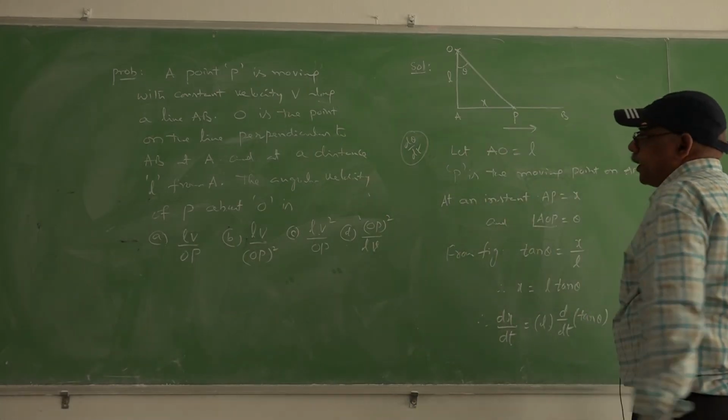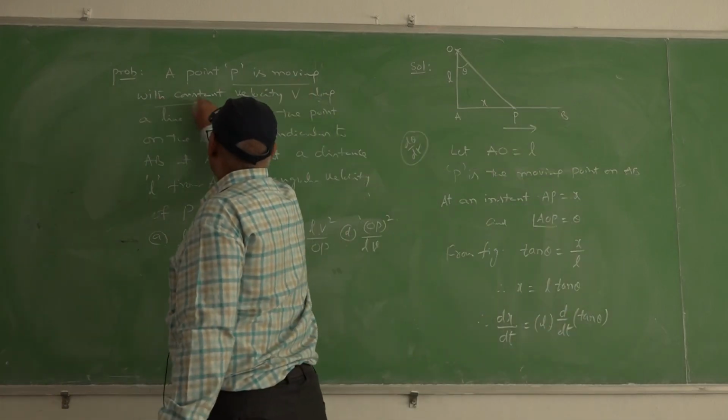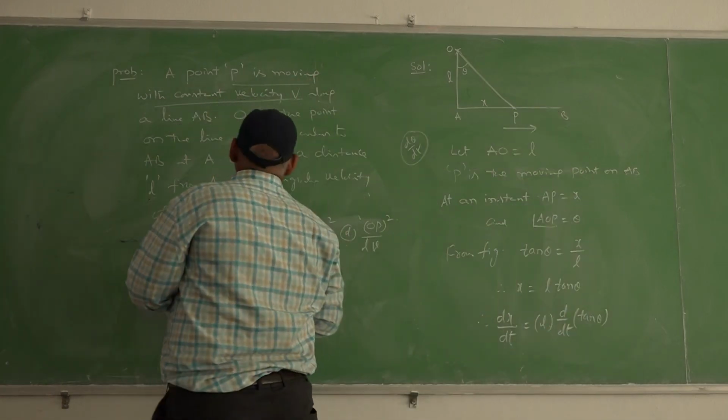But dx by dt: P is moving with constant velocity v.